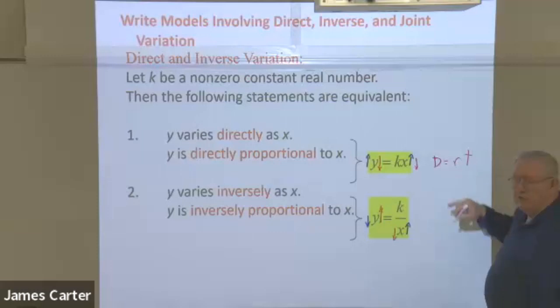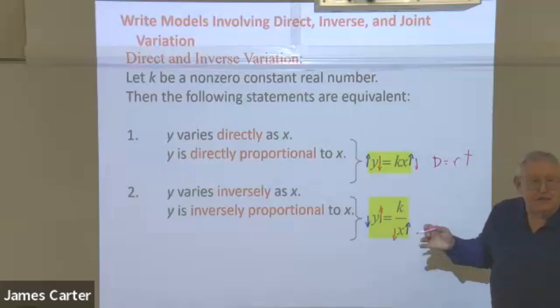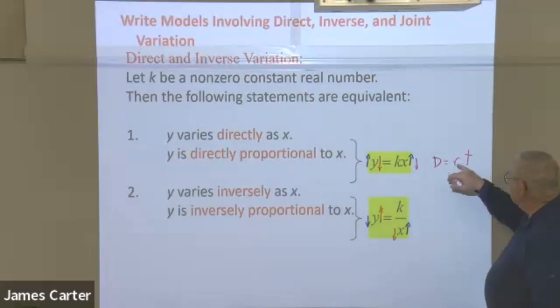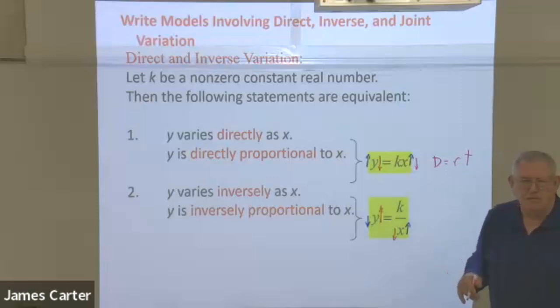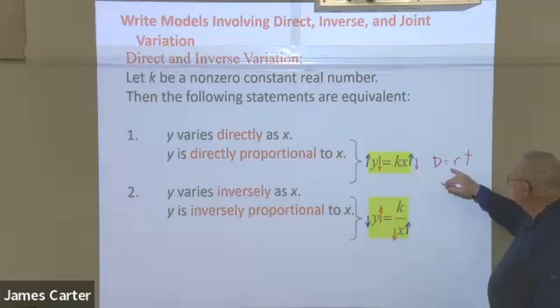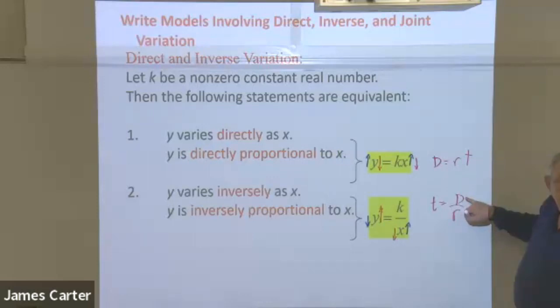R most likely would have been the K term, or it could have been T, if you knew D and R and you didn't know T. Now, when we solve for T, it would be equal to D over R. If it's 500 miles to Denver, my constant term, and I go 60 miles an hour, how long would it take me?